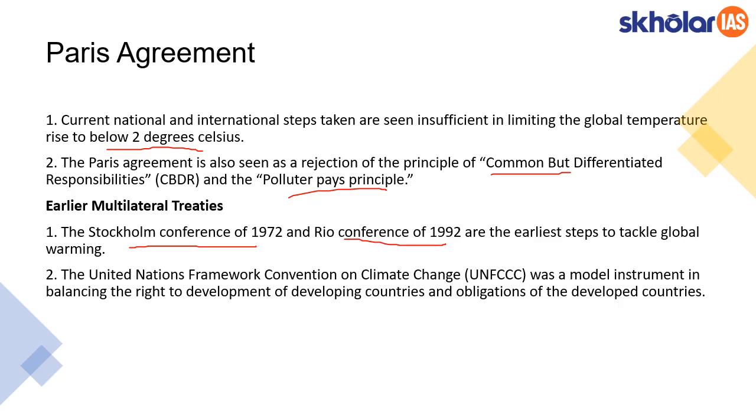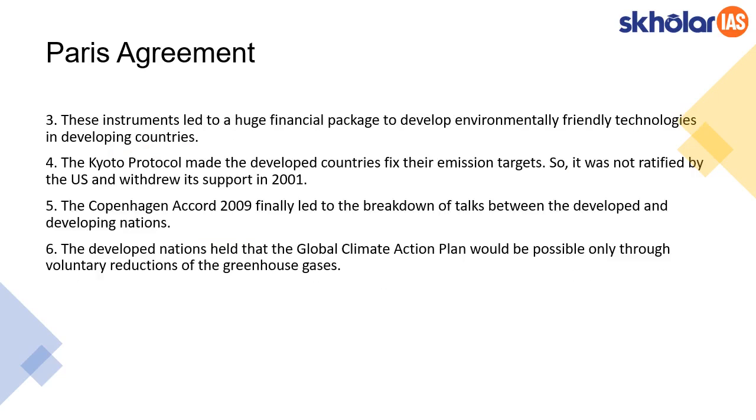This was followed by the UNFCCC, the United Nations Framework Convention on Climate Change. These instruments basically try to bring a balance between development as well as environment protection. These treaties try to maintain that balance. These instruments also led to a huge financial package for the development of environment friendly technologies.